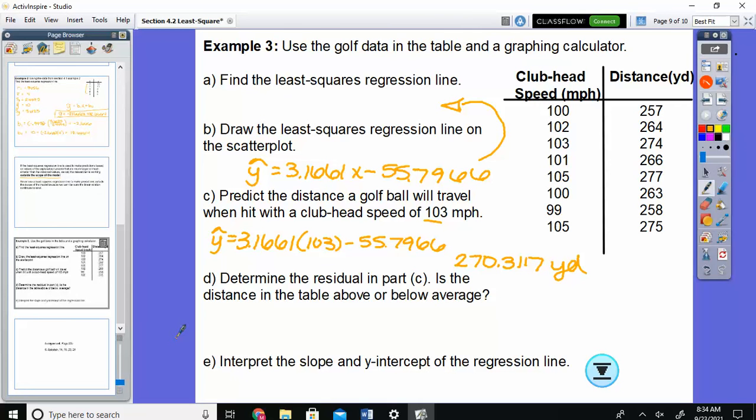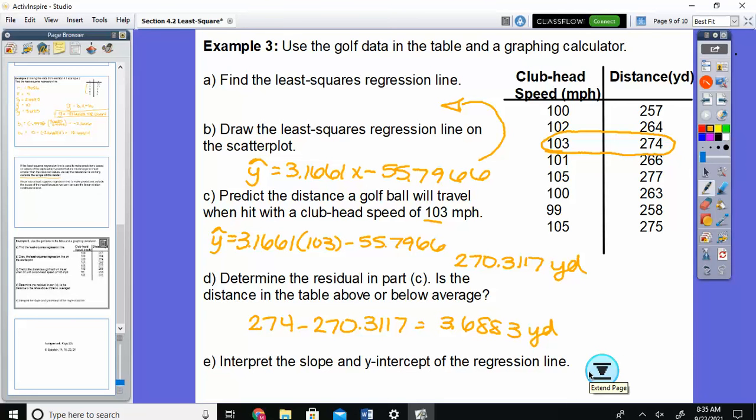So when the speed was 103 miles per hour, what was the actual observed? 234, minus our predicted was 173.3. Okay. And so our residual is about 60.7 yards. So that's how far off we are.